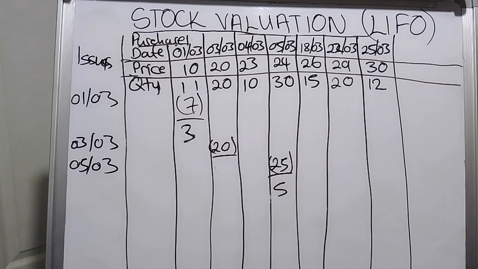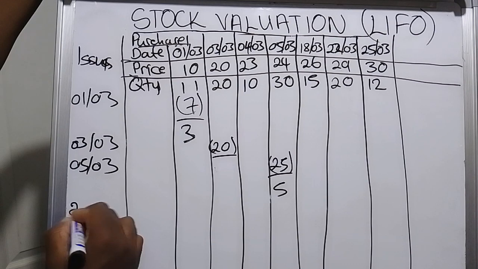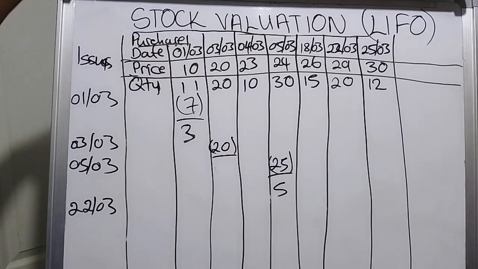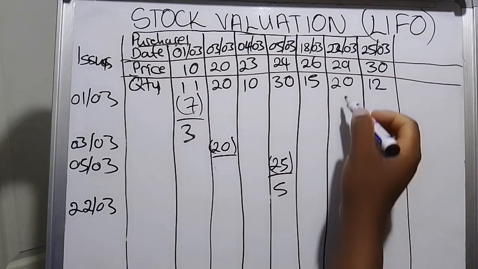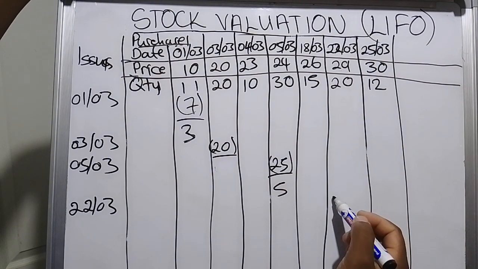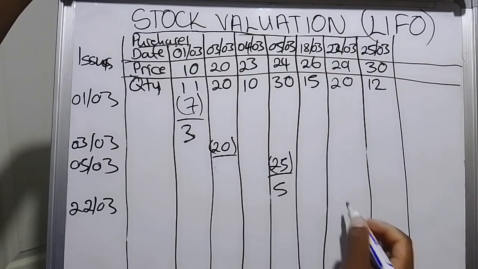We sold on the 22nd of March and we sold 30 units. We come to the 22nd here because we are selling the most recent stock. Okay, so we want to sell 30 units, but we only have 20 there.